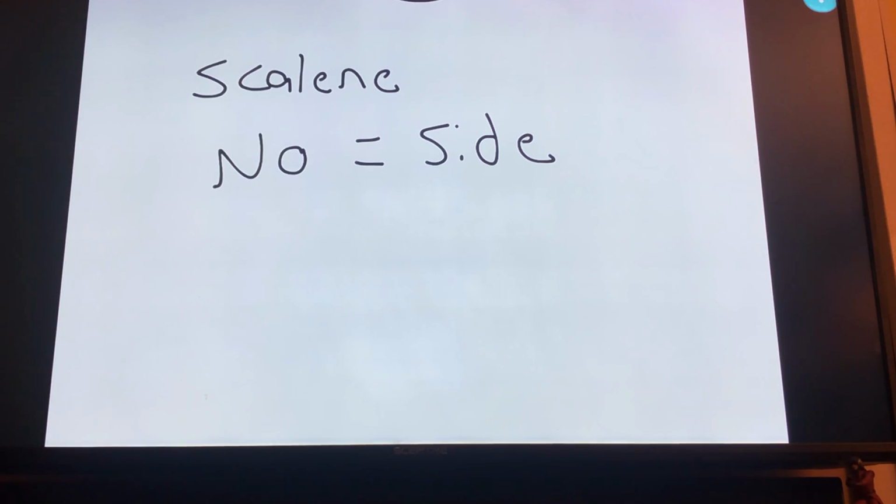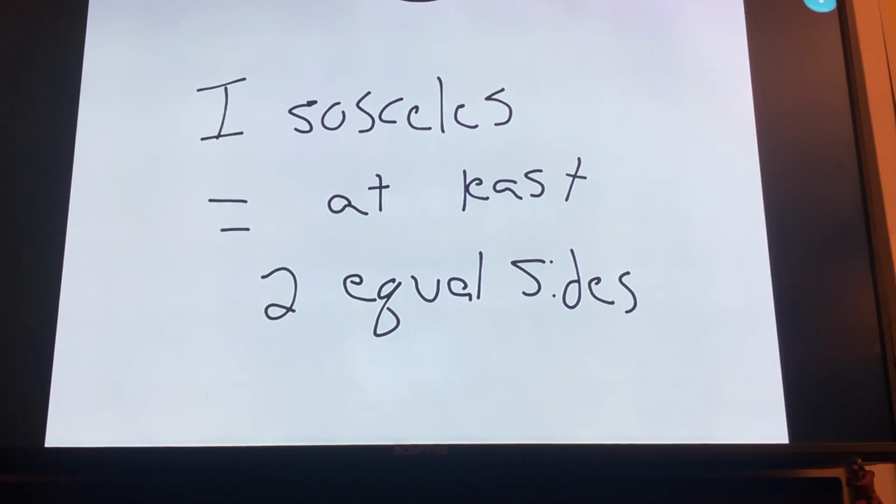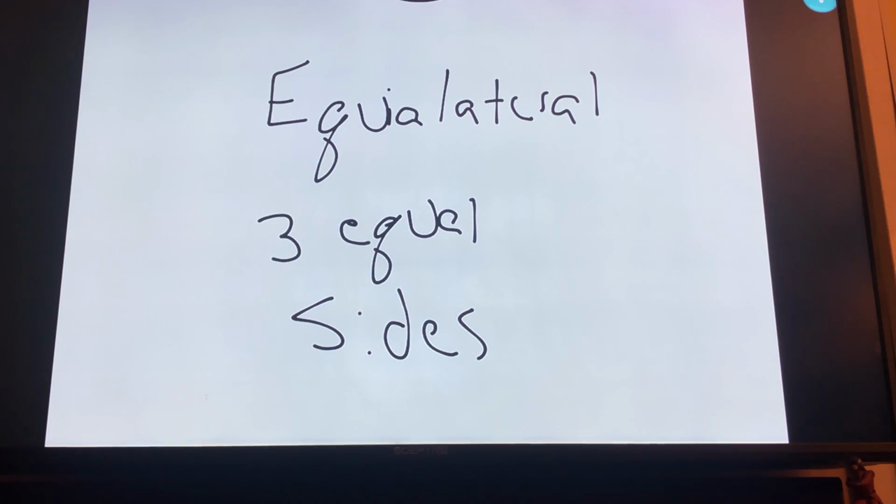So let me go back here. Scalene, no equal sides. Isosceles, at least two equal sides. And equilateral, three equal sides.